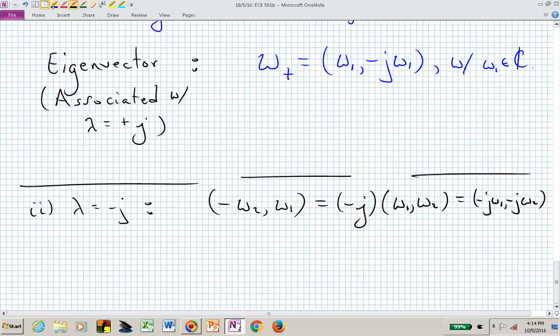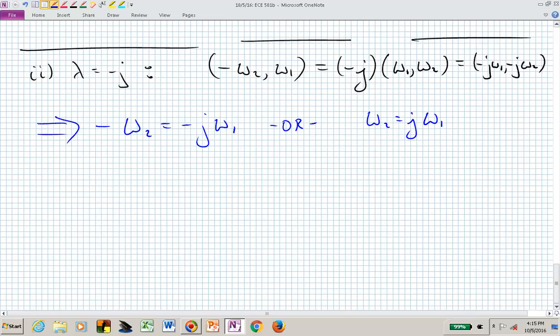Again, we can see that we have consistency between the two different coordinates, and the first coordinate says minus w2 is equal to minus j w1, or in fact w2 is equal to j w1.